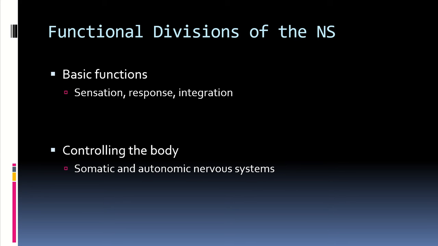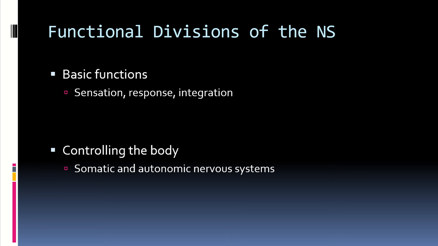Now, we'll get into other types of medical scanning in the next lesson video, but as far as actual functions of the nervous system, well, basic functions: sensation, receiving and interpreting sensory information, forming responses to that information, integrating that information into how the body responds.